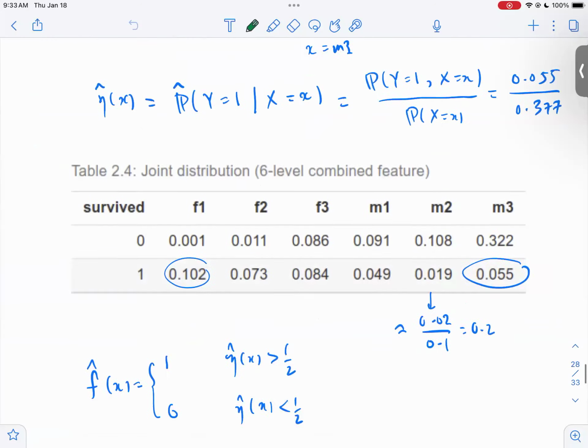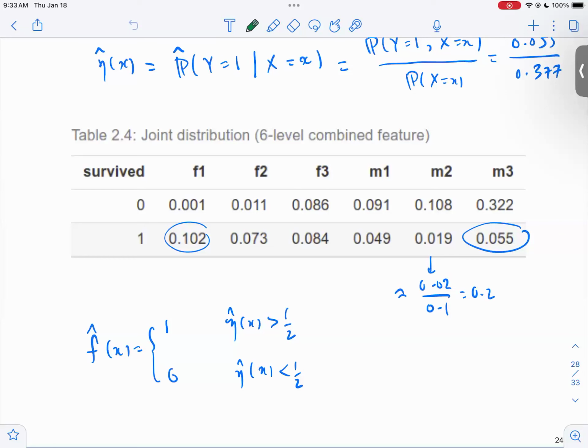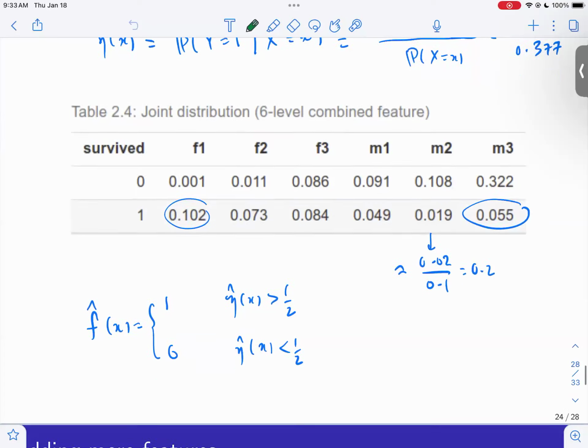So if you recall, we had the joint distribution from these empirical averages, and then we do the conditional distribution, and then you can apply the Bayes rule, or the optimal rule, which is to threshold these conditional probabilities at 1/2.